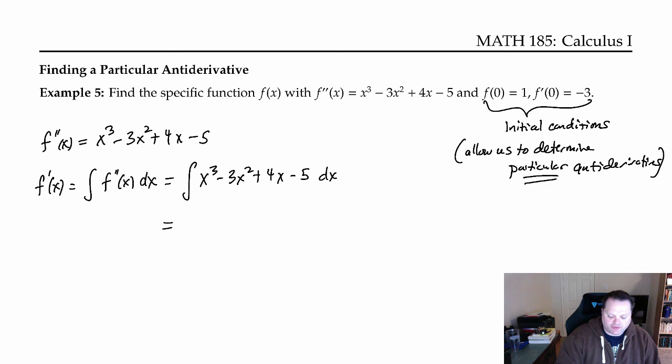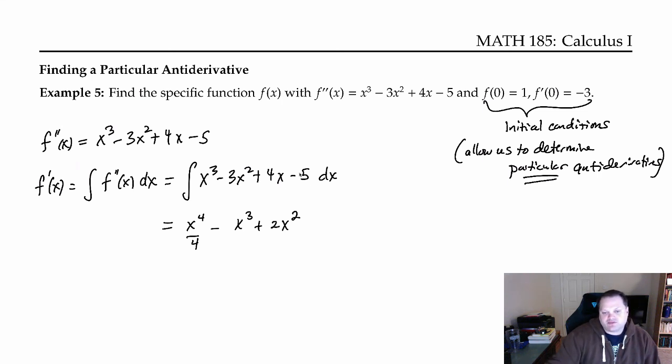So the antiderivative of x cubed is x to the 4th over 4. The antiderivative of x squared, so I'm looking at the next function, ignoring the constant for now, is x cubed divided by 3, but I'm dividing by 3 and there's already a 3 there. So those cancel. Here I'm looking at x. The antiderivative of x is x squared over 2, but there's a 4 there. 4 divided by 2 is 2.